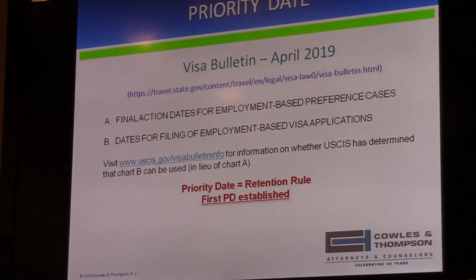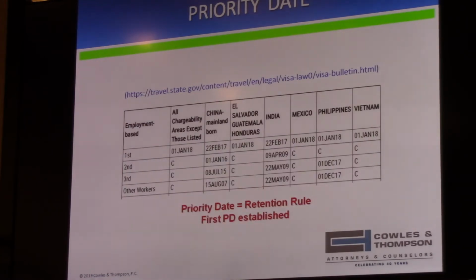Mm-hmm. So, let's see. When you go into the Department of State visa bulletin, this is what you're going to see when you go into the employment-based priority date. So you have a snippet here of the visa bulletin from April, and we've mentioned it briefly. But India is one of the countries that have been designated that are pretty far behind.